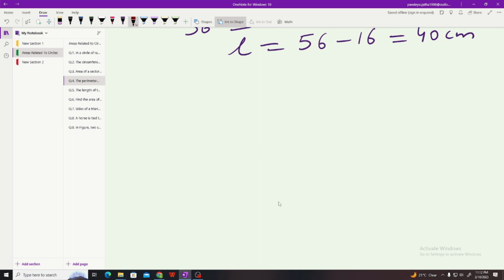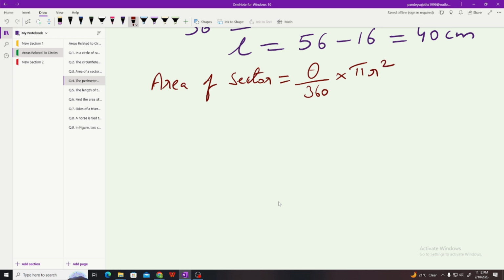So area of sector is equal to theta upon 360 into pi r square, and the other formula is half into L into R. As per the question, we have found the radius and we also found the length of the arc, and we need to find the area of sector.